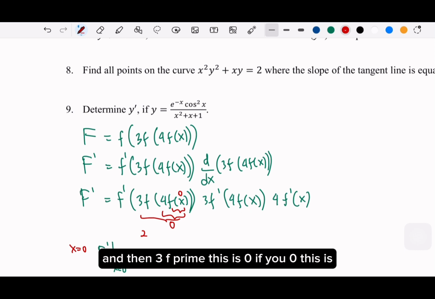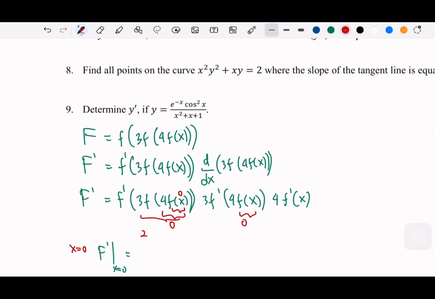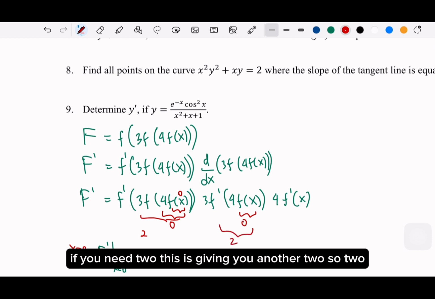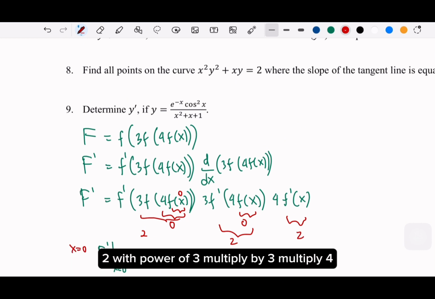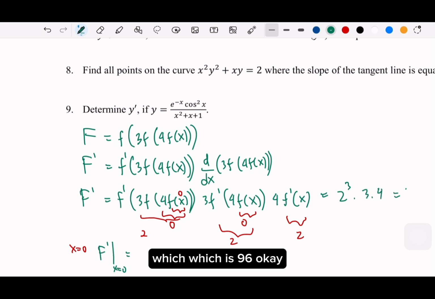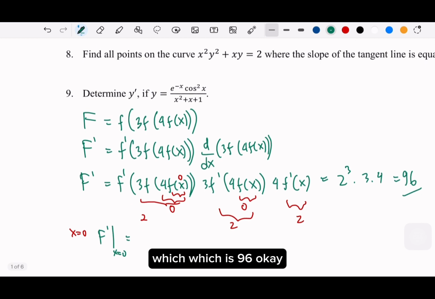And then 3f prime, this is 0, giving you 0, this is giving you 2, this is giving you another 2, so 2 to the power of 3 multiplied by 3 multiplied by 4, which is 96, okay.